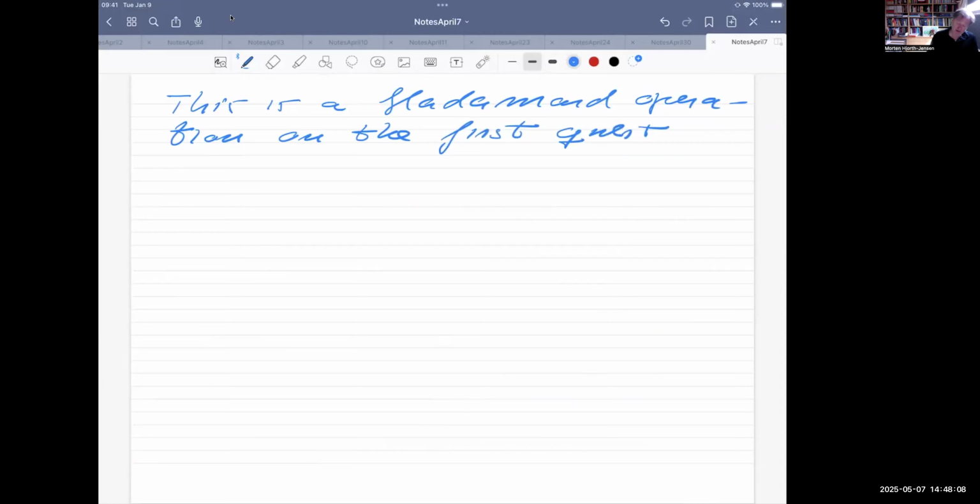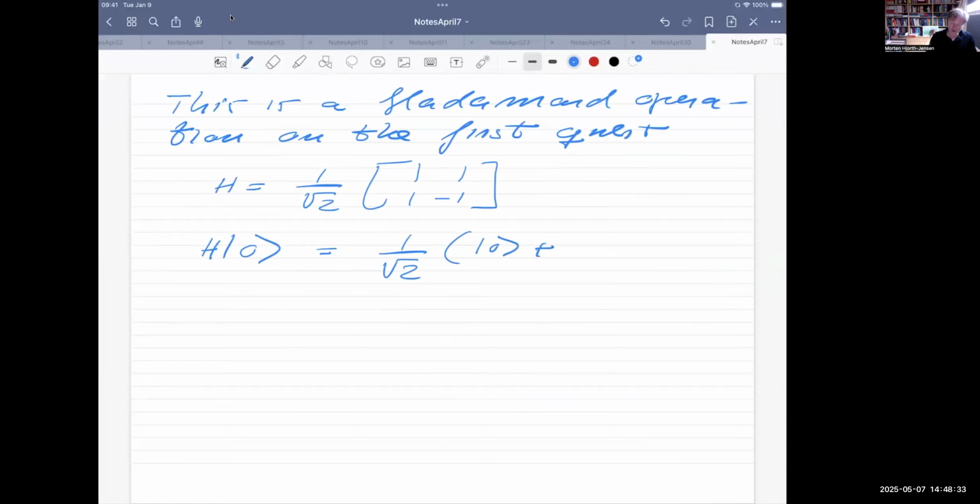If we think back of the Hadamard, this Hadamard is nothing but 1 over square root of 2 times the matrix 1, 1, 1, minus 1. So if we are acting on a state which is in state 0, then we simply get a linear combination. H, just to quickly remind you, is the same as 1 over square root of 2 of 0 plus 1. So it's the way we make a linear superposition. And if I act on the state 1, then we have 0 minus 1.